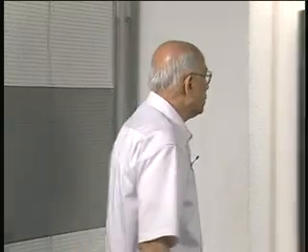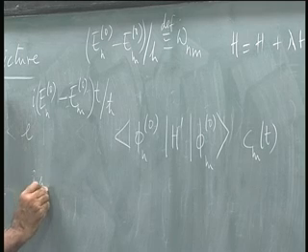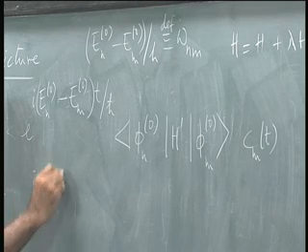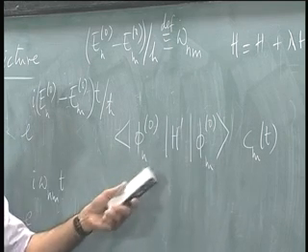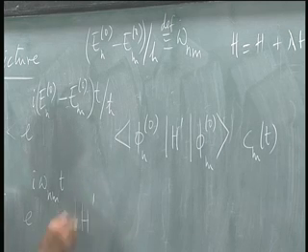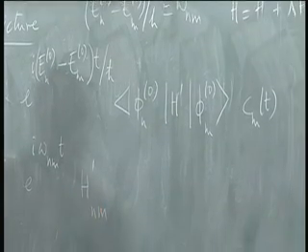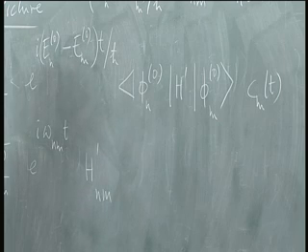By the way, omega could be negative, if E_n is less than E_m, of course we do not care, it is an algebraic quantity, so it is e to the power i omega_nm t times this, but what is this? This is just the matrix element of H prime in the original basis, so this is H prime_nm, some complex number in general.